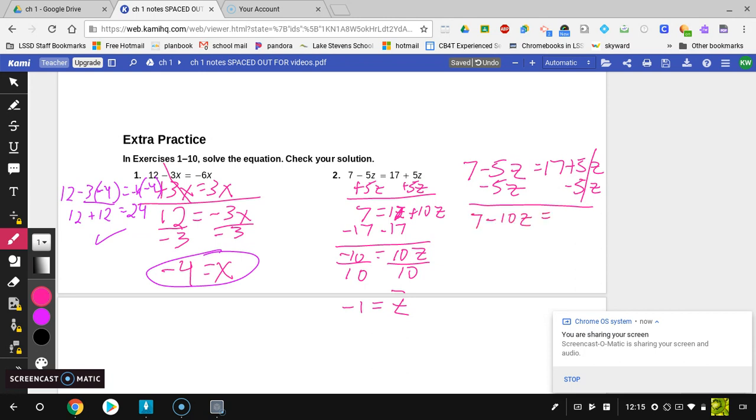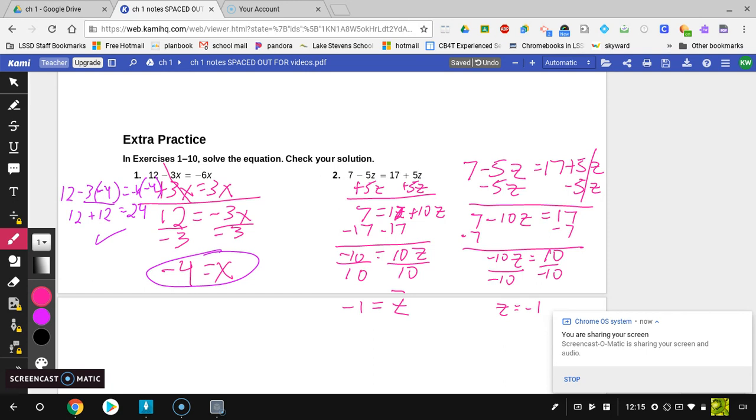Be careful with that math. -5z minus 5z is -10z, and it's still equal to 17. I still need to get my variable by itself, so I'll subtract the 7 from both sides. I have -10z is equal to +10, and when I divide by -10 on both sides, I get z is equal to -1, which is the exact same thing we got using the other way.